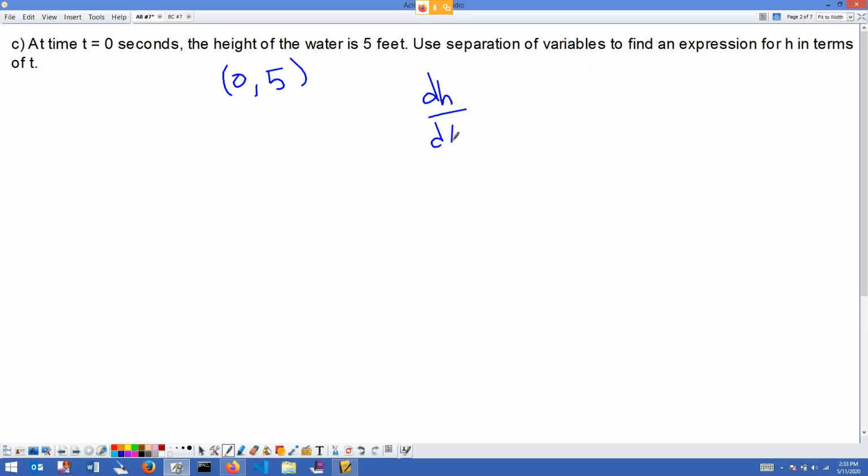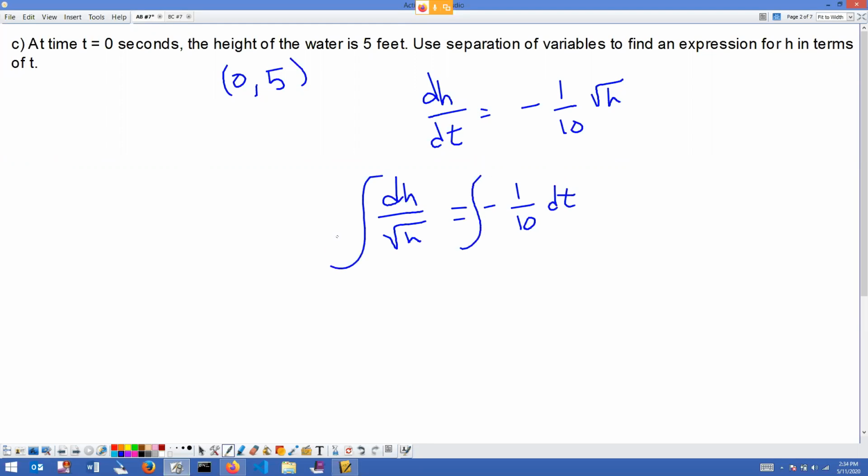So if dh dt was negative 1/10 root h, then to separate the variables, this becomes dh over root h equals negative 1/10 dt. And then we'll integrate both sides. The integral of dh over root h, that's h to the negative 1/2, so it goes up to h to the 1/2. You divide by the 1/2, that becomes 2 root h equals negative 1/10 t plus a constant.